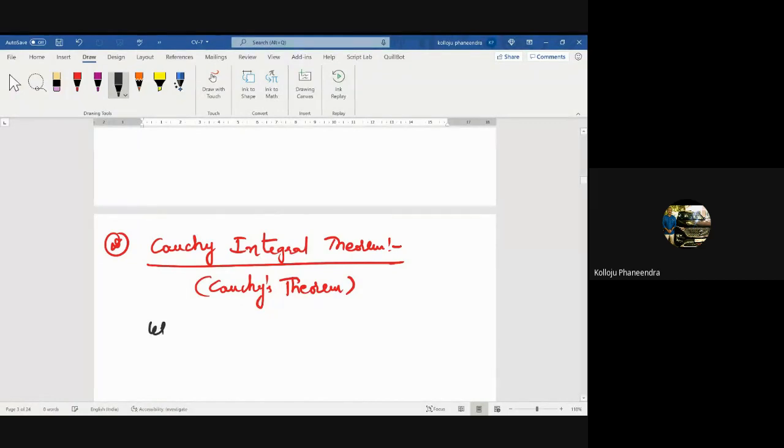Let f of z, what is f of z? u(x,y) plus i times v(x,y), a complex function.